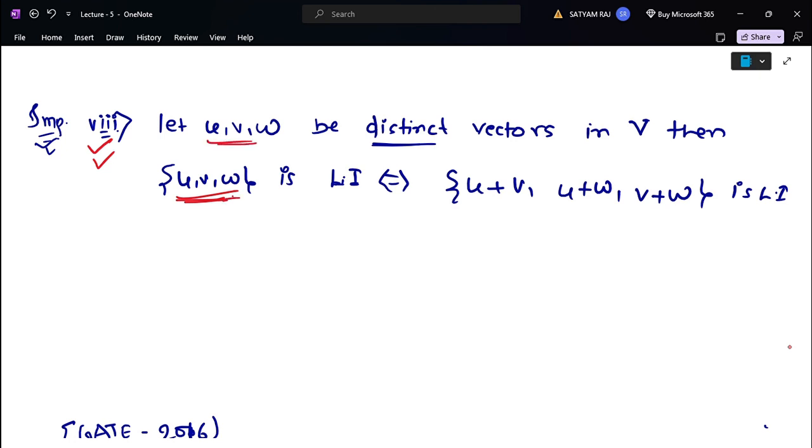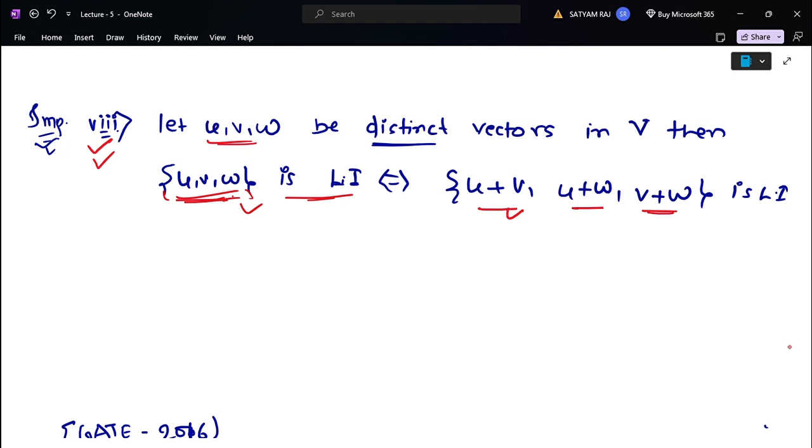It tells us that if u v w are distinct, and if the set u v w is LI, it implies that u plus v, u plus w, v plus w is LI. First assume u v w is LI, and then assume u plus v, u plus w, v plus w is LI, and so the set u v w is LI.